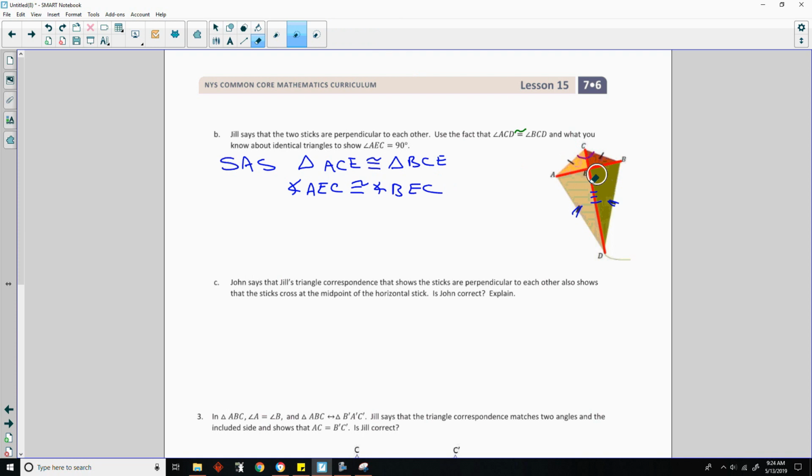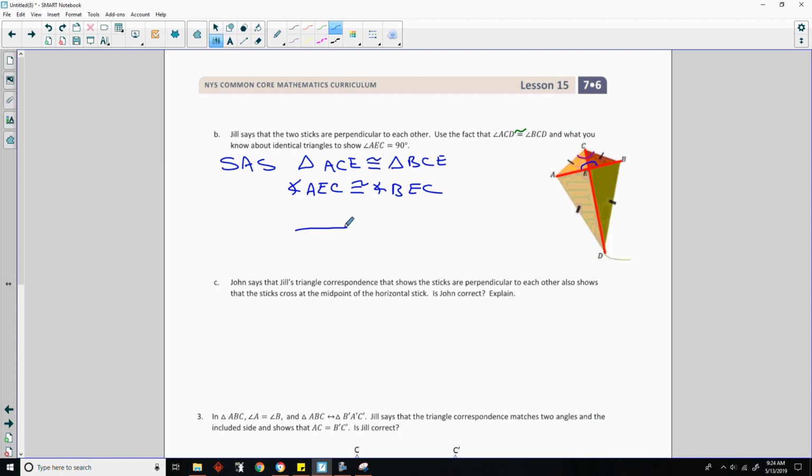It's getting hard to see in here. All right. So what I'm saying is this angle here is congruent to this angle here. Fair enough, because the two triangles are congruent. But what makes them 90 degrees? Well, AB is a straight line.